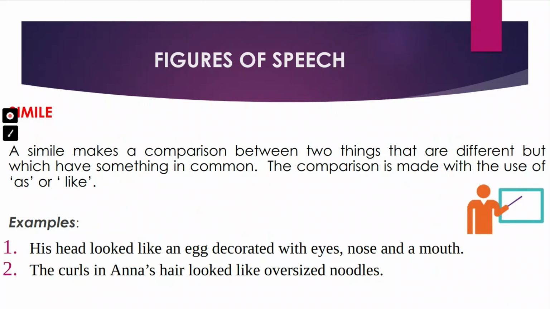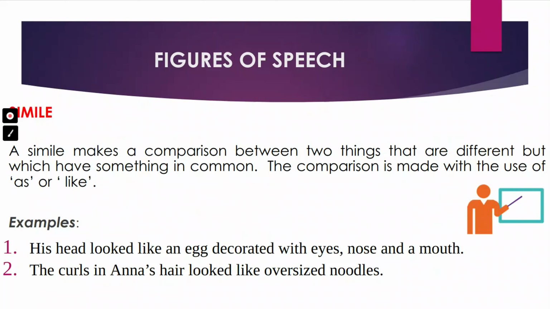The first figure of speech that we will look at is the simile. Now, the simile, in terms of its function, compares two unlike things, or it compares two things that are different. But even though these two things are different, they have something in common.